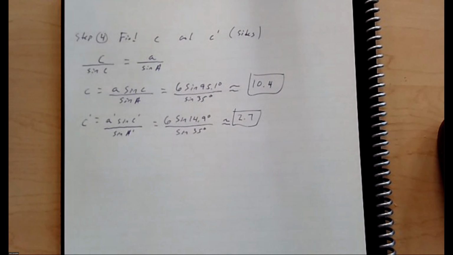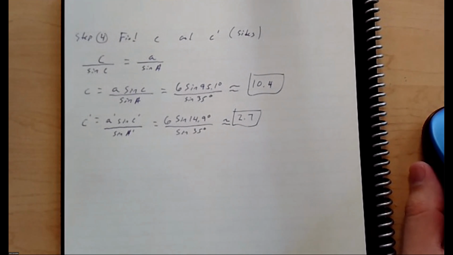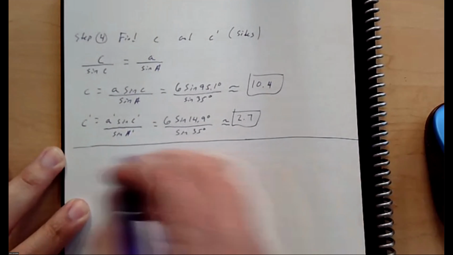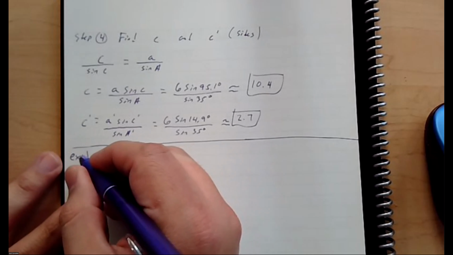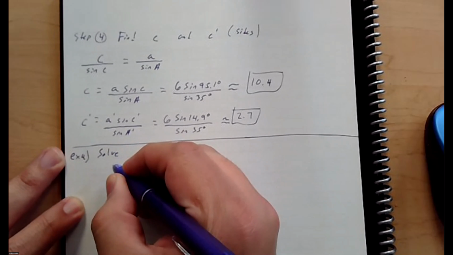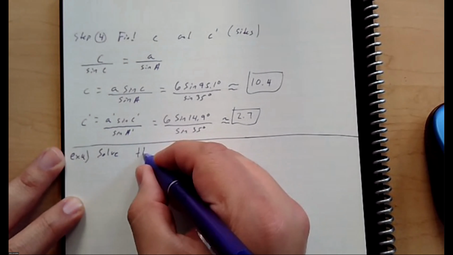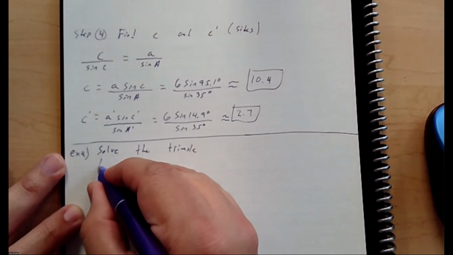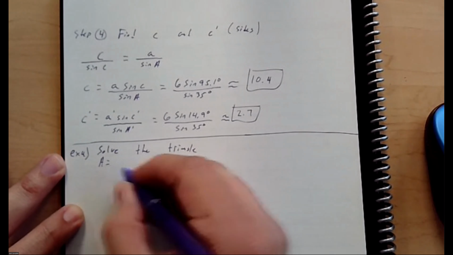How much time we got left? Let's do one that has no triangle. Oh, that's just this. Example 4. So they give us capital A. Oh, no, they don't.